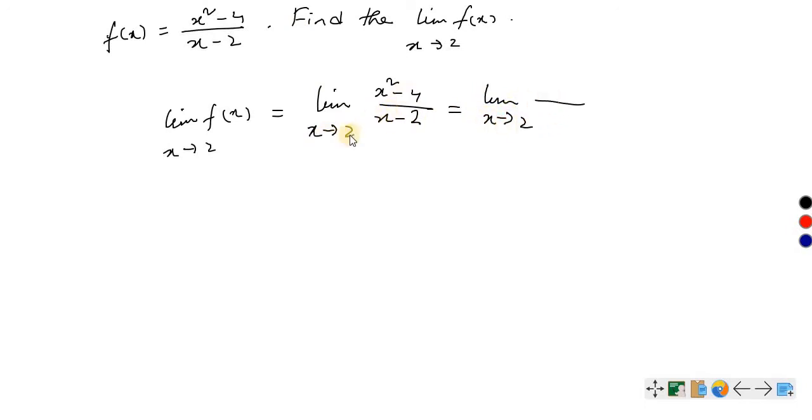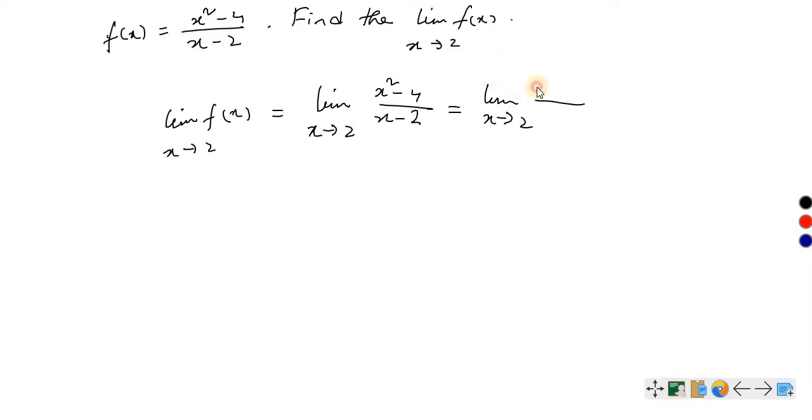Here we cannot put the value directly because if I put x equals 2 in both numerator and denominator, we are going to get 0 divided by 0, which is undefined. So here we are going to simplify it.